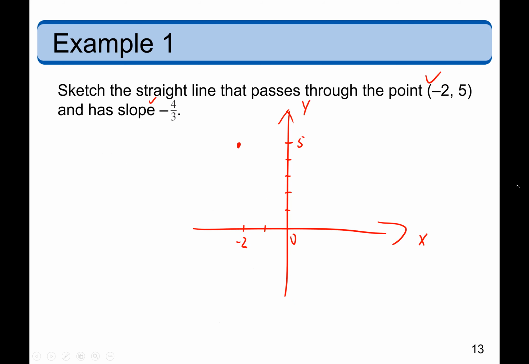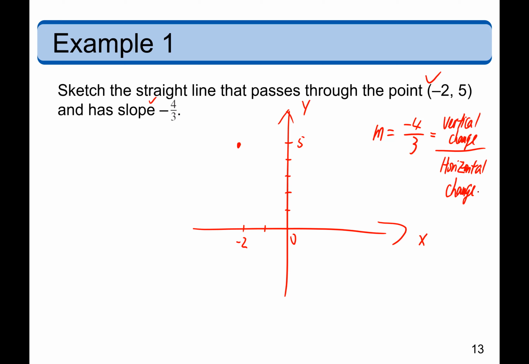Secondly, we're gonna utilize the slope here. Slope is -4 over 3. So slope is vertical change over horizontal change. It's delta y over delta x.